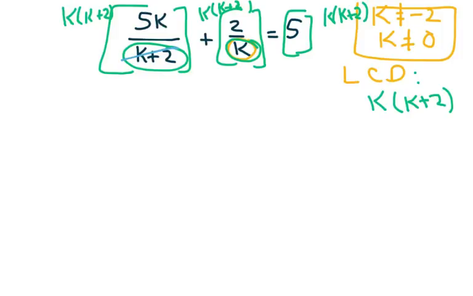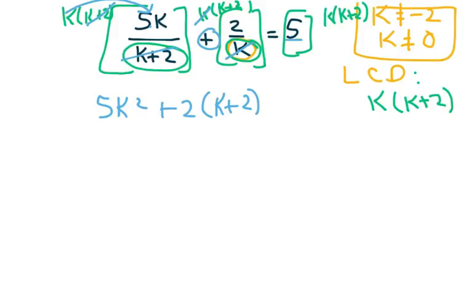These two cancel, so we're left with k. K times 5k, multiply, you get 5k squared. Here, the k's cancel, so you get plus 2 times k plus 2. Here, nothing cancels, so you just get 5k times k plus 2.